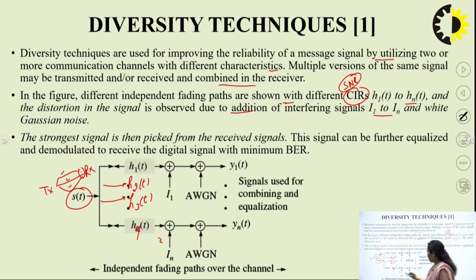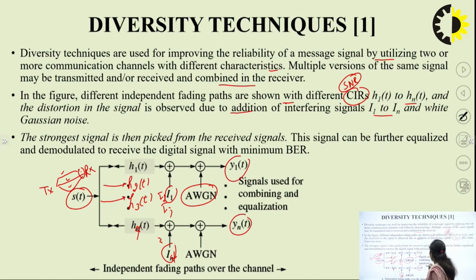Now it will be added with the interference that is going to change, and again it becomes 4. Then in between there will be I2, I3, and here it will be I4. Then it will be added with a noise that is known as AWGN, additive white Gaussian noise. Now at the output side, this will be the received signal.